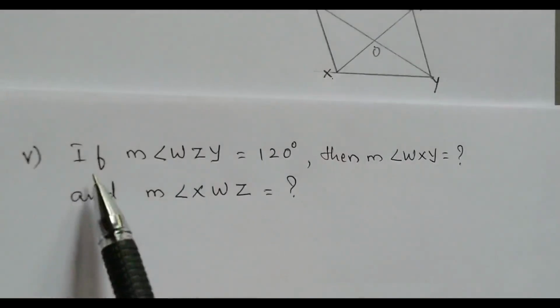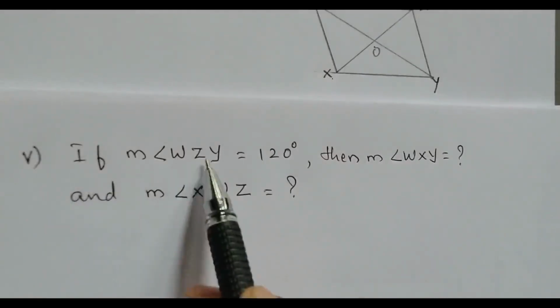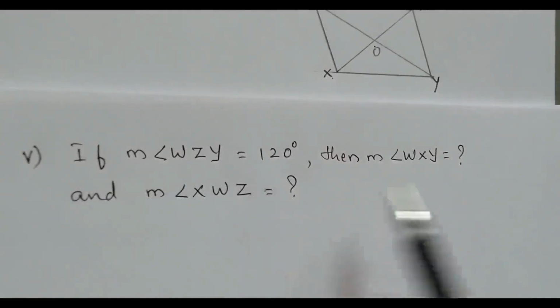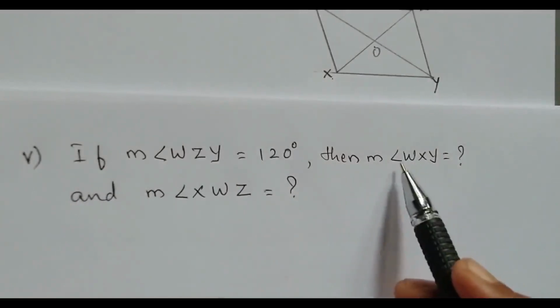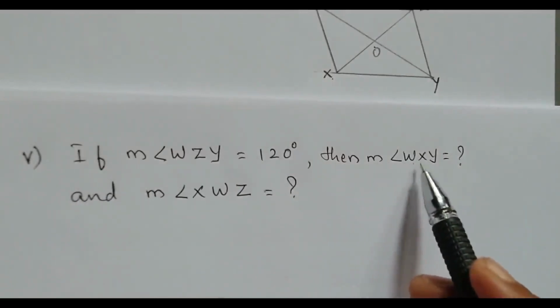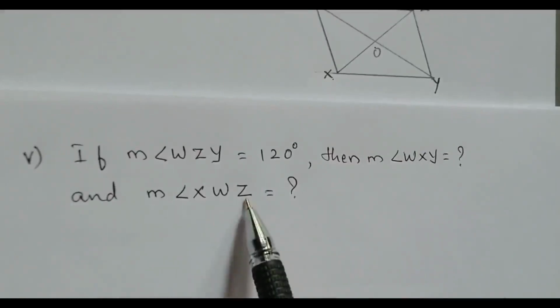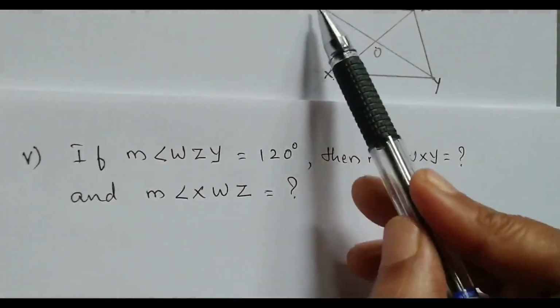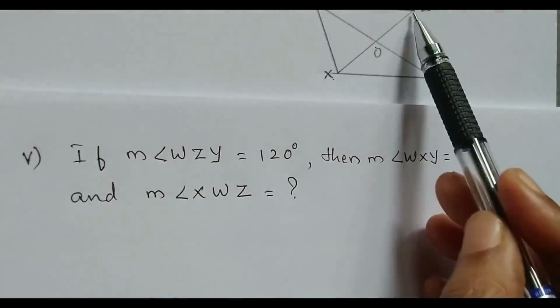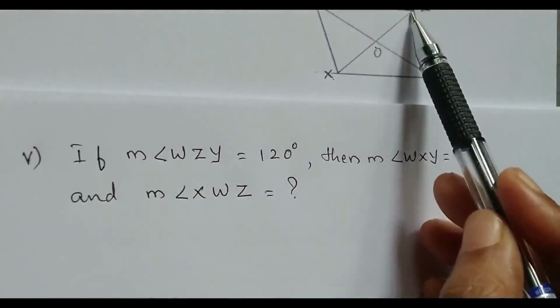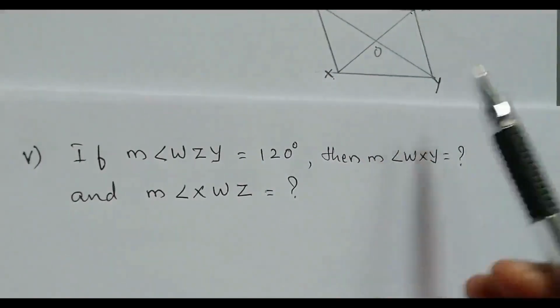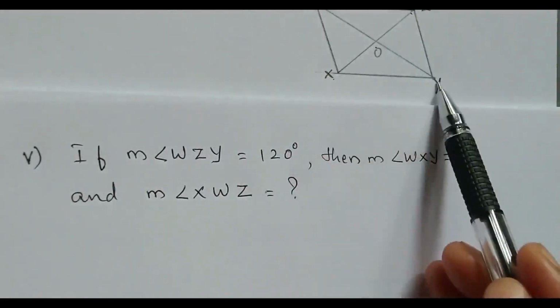The fifth question is, if measure angle WZY is 120 degrees, then what is measure angle WXY and measure angle XWZ? The measure of angle WZY is given as 120 degrees. So, how much is measure angle WXY?